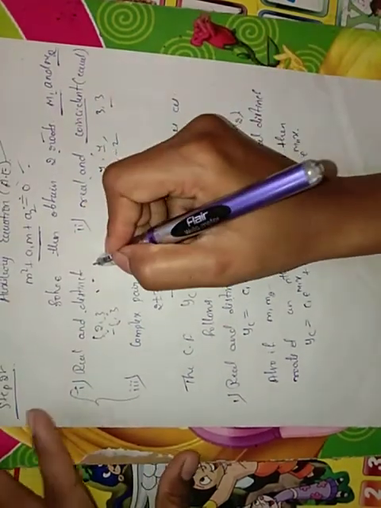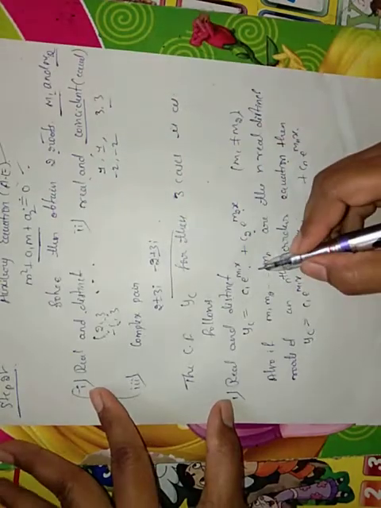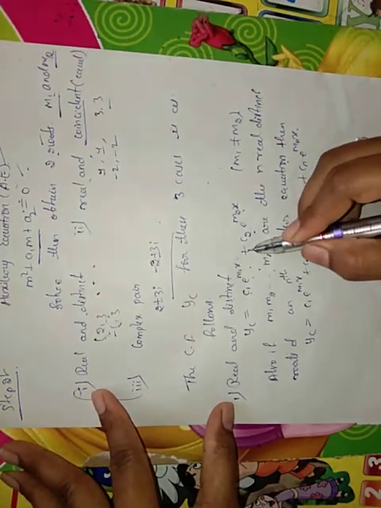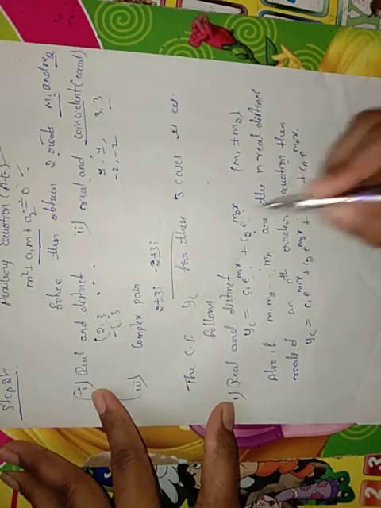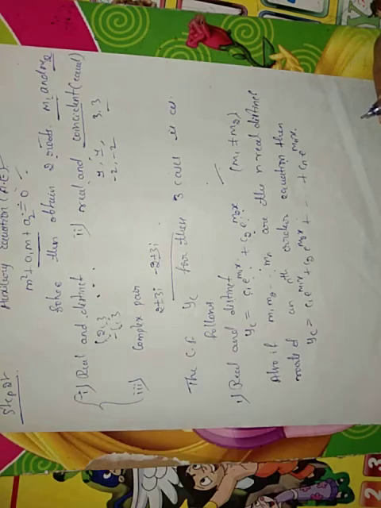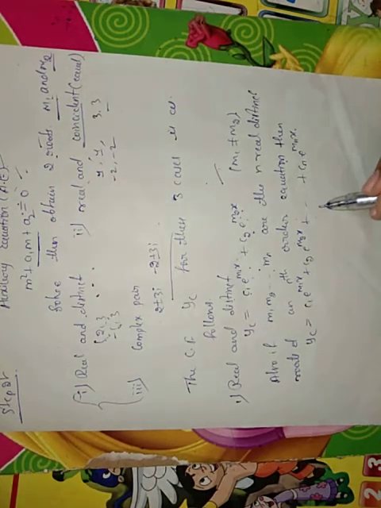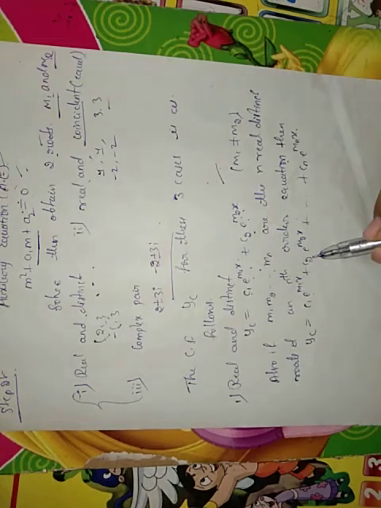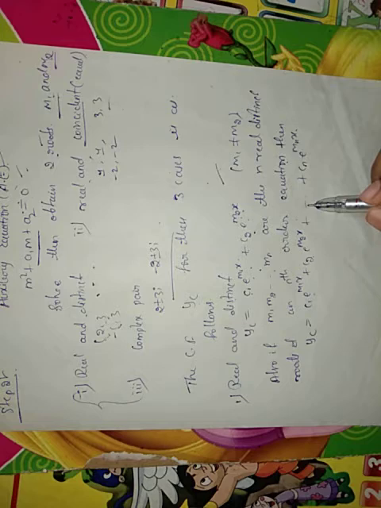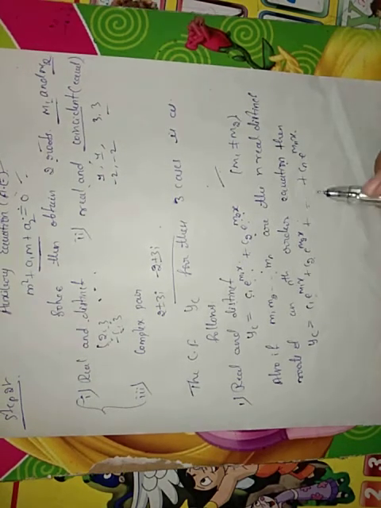When the roots are real and distinct, the complementary function is equal to c1 e raised to m1x plus c2 e raised to m2x. That is for only two roots. If the number of roots increases, then you have to increase the terms. If it is 2 roots, only 2 terms. If it is 3 roots, you have to use 3 terms. So based on the order of the given equation, the number of roots depends.